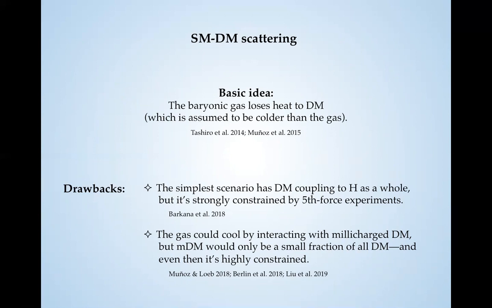And an alternative is to let dark matter be millicharged, so it has some small electric charge, but it could only be a small fraction of dark matter that carries charge. And even then the scenario is highly constrained. So millicharged dark matter still works, I should be clear about that, but this state of affairs is kind of what led me and my collaborators to think of other possibilities.